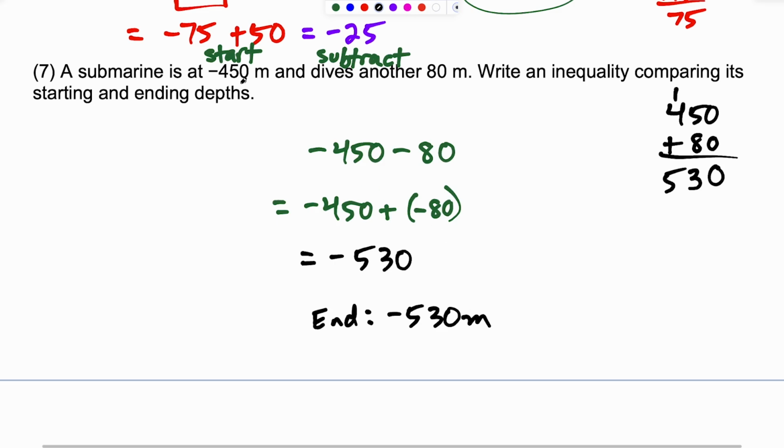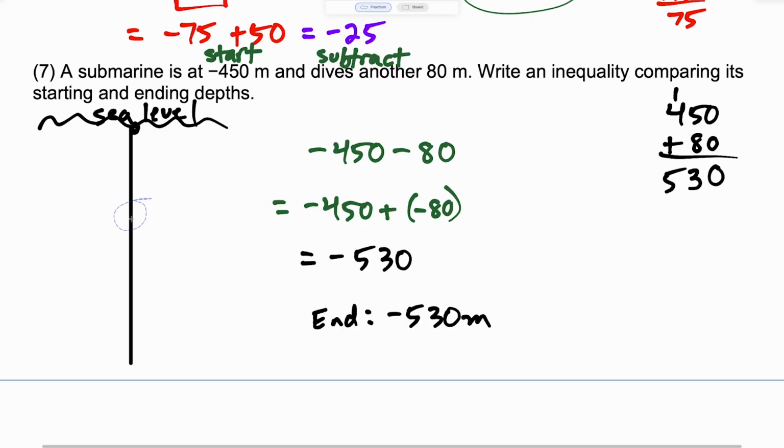And now, just to get a visual of what's happening here, let's say that's sea level. So this is sea level. And this is going to model the submarine going underwater. Okay, so let's say at the start of the question, 450 meters under is going to be somewhere over here.